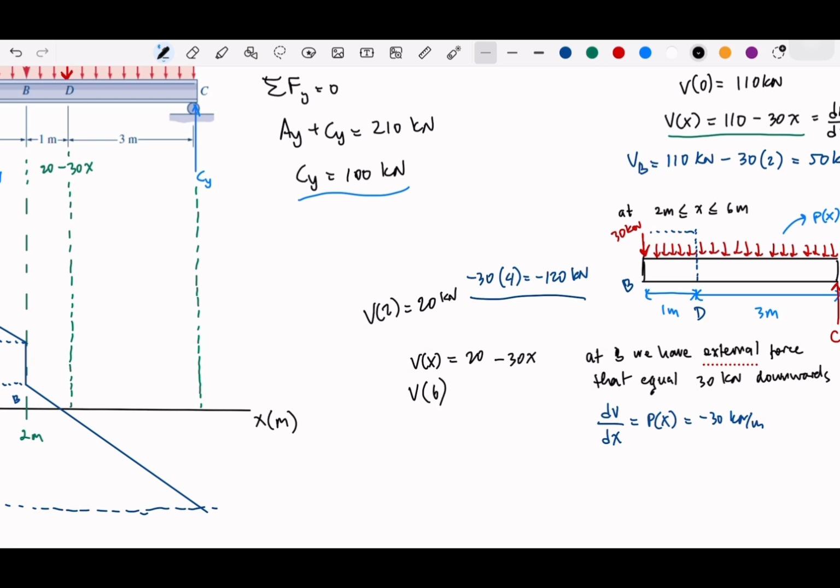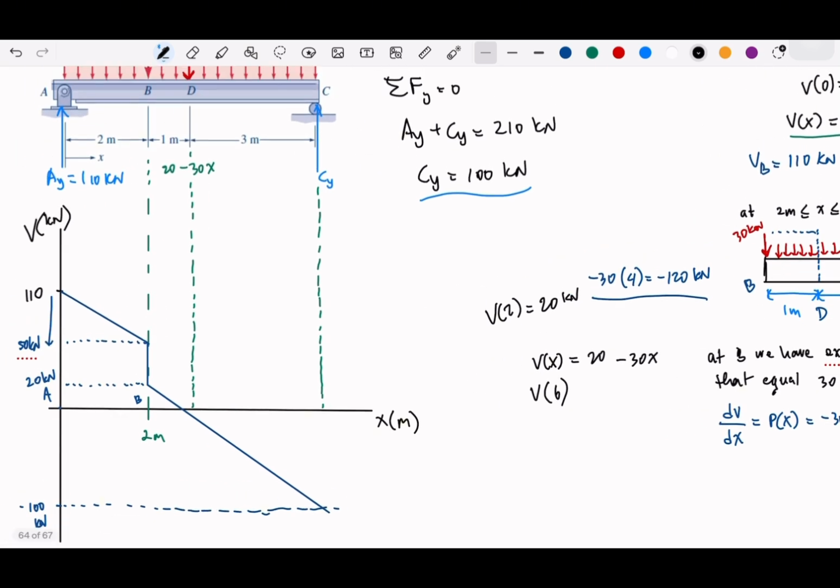So it should be 180. I think I have something missing here. The graph is correct, but why does the equation seem to have something missing?